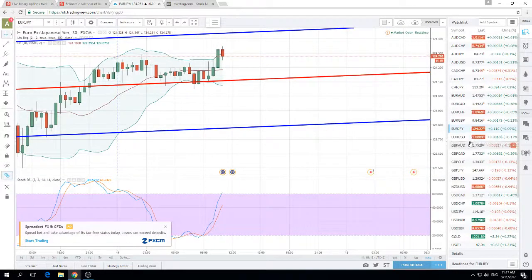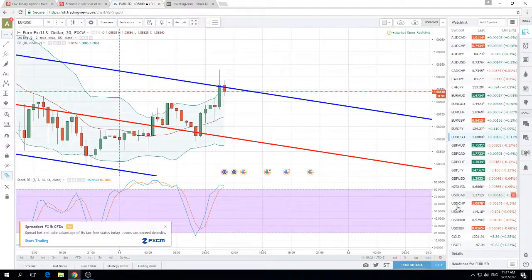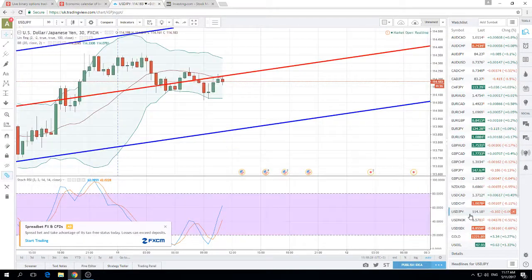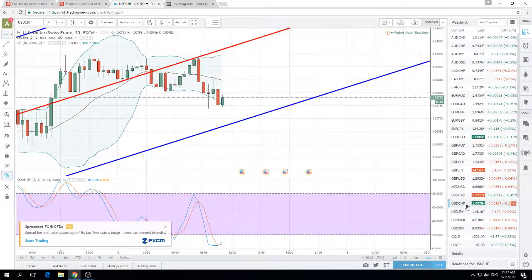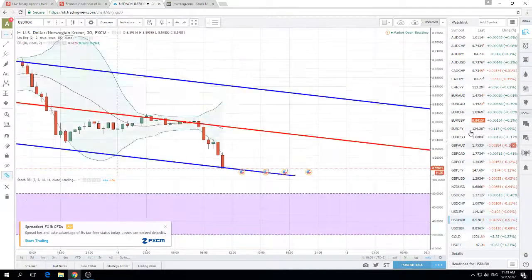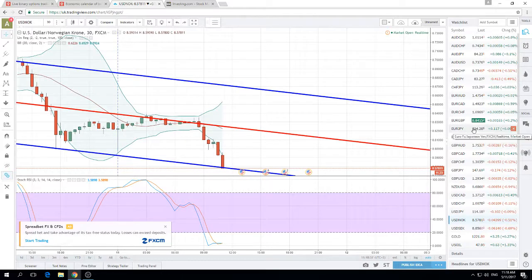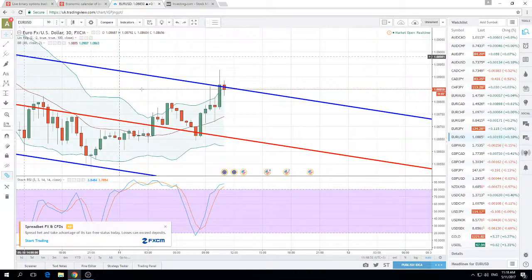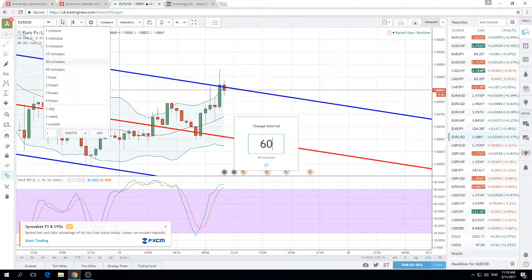Let's check for the American dollar. Well, right now I would say that there is a pretty good option that the price for the euro within 30 minutes limit will go down and the American currency versus euro will go up. So there is an option to enter the trade for 30 minutes or for 1 hour for low.